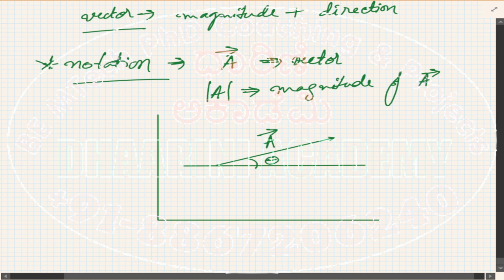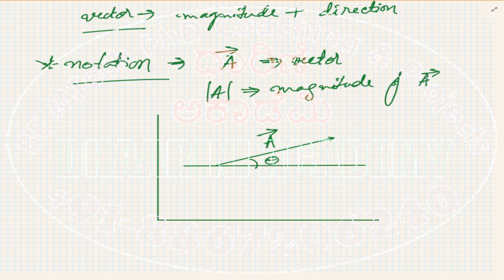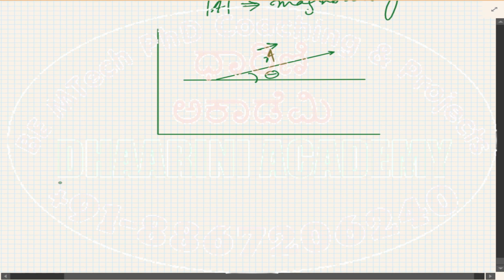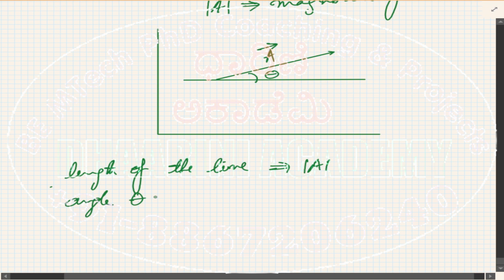That theta gives you the direction. So the length of the line is the magnitude of vector a, and the angle theta indicates the direction.